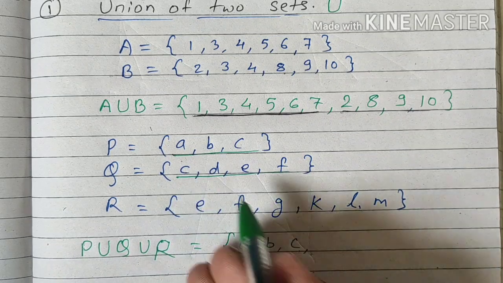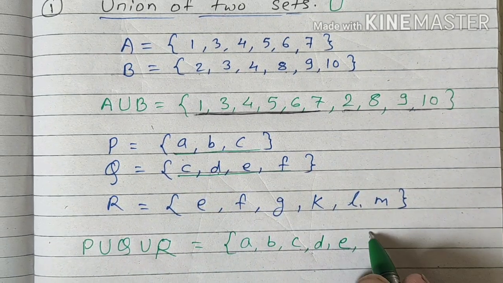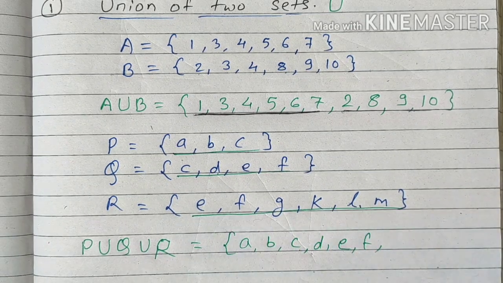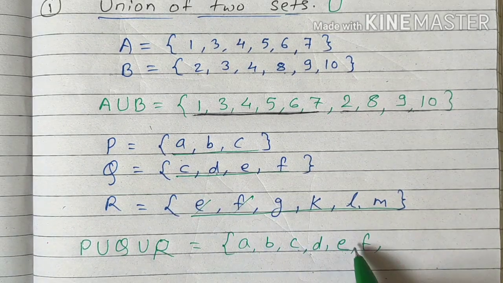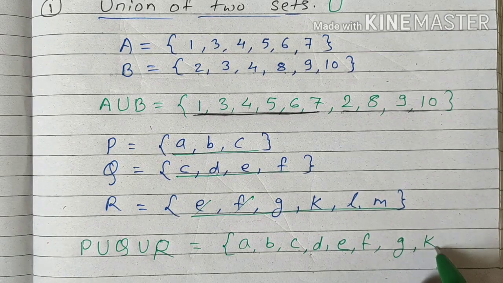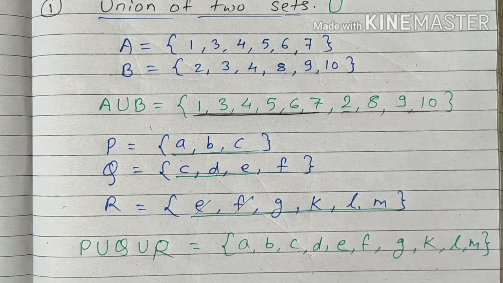C is already here, so start with D, E, F. Now combine the elements of R. Again no repetition: E is already there, F is already there, so we will write G, K, L, M. Got it? So this is all about the union of sets.